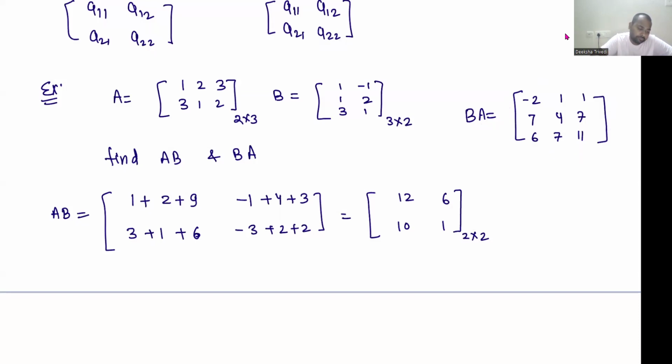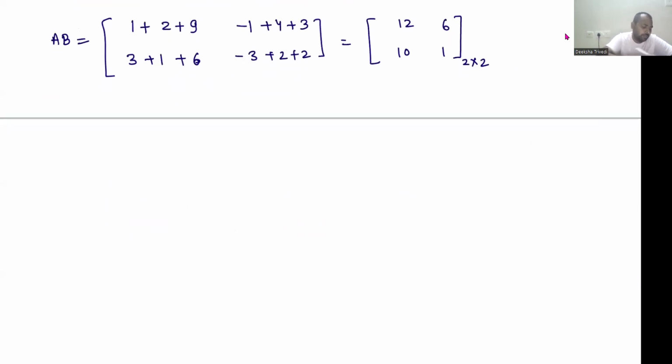No, sir. Done? Yes, sir. Now, generally we are saying that A and B are two given matrices.